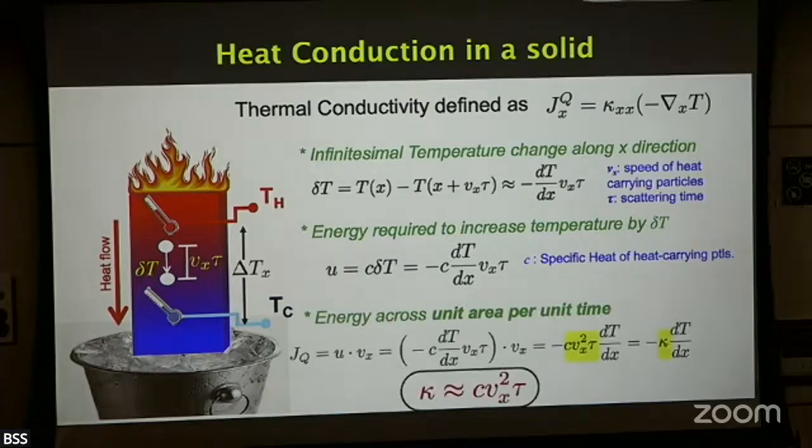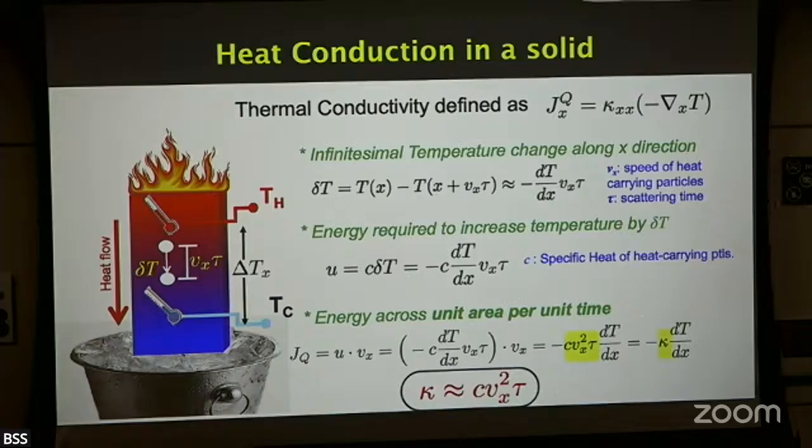And then finally, you can write down how much energy goes through the unit area: that's the energy density multiplied by the velocity. That will give you the thermal conductivity being proportional to the heat capacity, the square of your particle velocity, and the relaxation time, the scattering time.